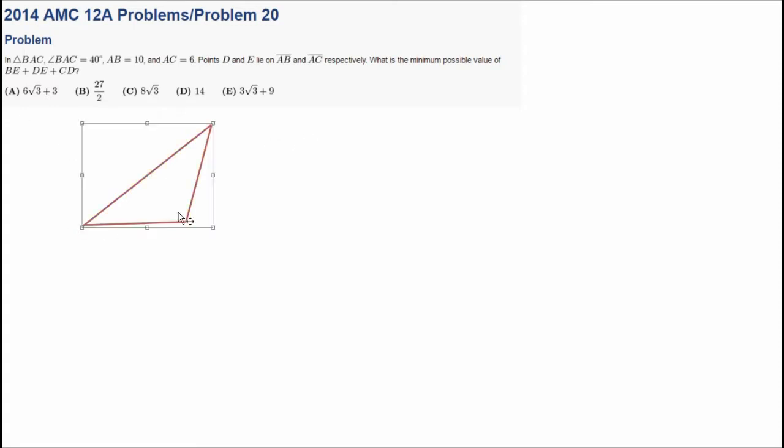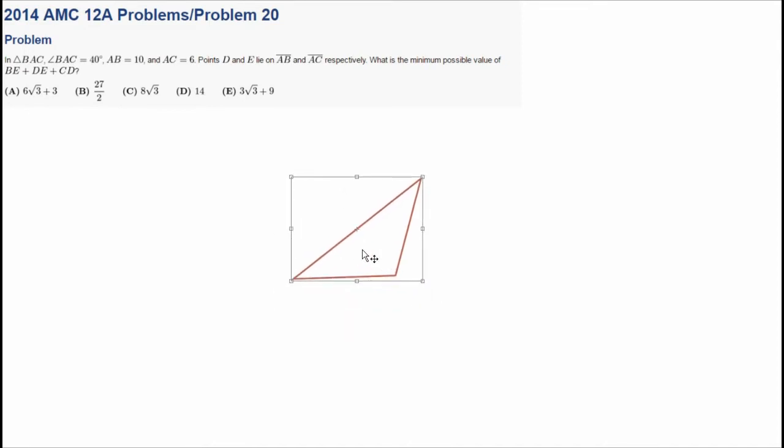Let me just move this over here because I need this for later. BAC is 40. That's not really 40 degrees. AB is 10. AC is 6.